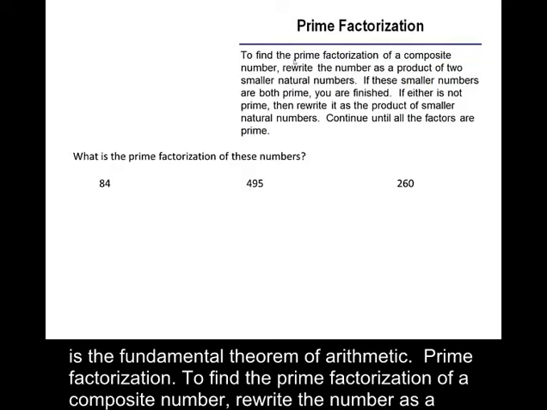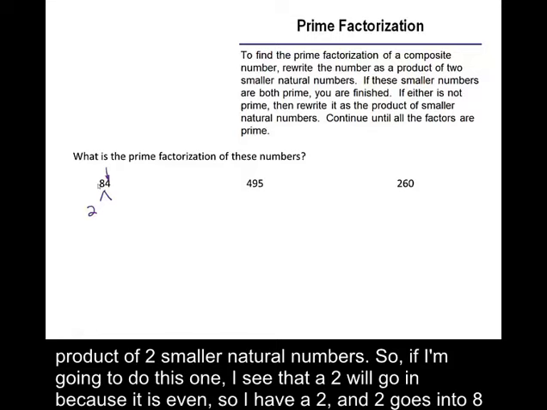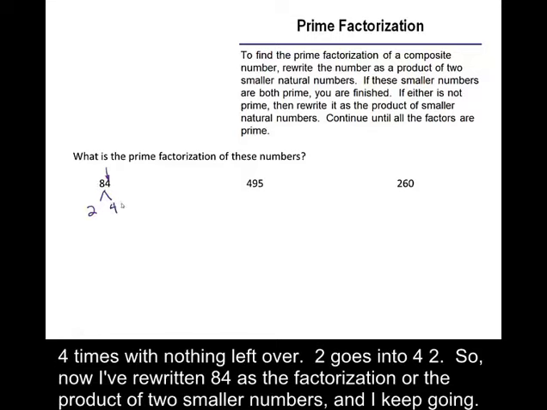Prime factorization. To find the prime factorization of a composite number, rewrite the number as the product of two smaller natural numbers. So if I'm going to do this one, I see that a 2 will go in because it's even, so I have a 2, and 2 goes into 8 4 times with nothing left over. 2 goes into 4 2.